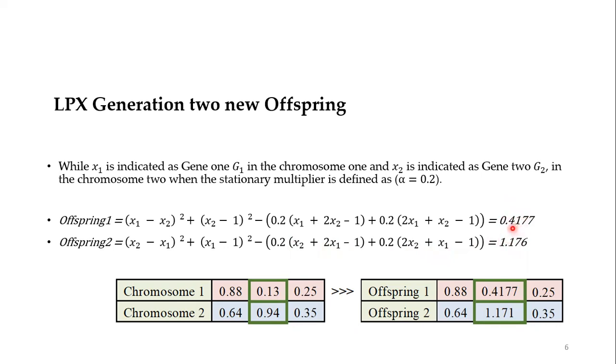Now, having these two genes, we can plug them into the second gene to produce offspring 1, and also plug this result into the second gene in chromosome 2 to produce offspring 2.